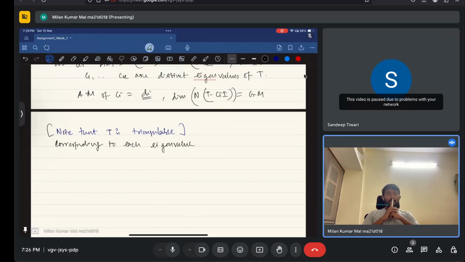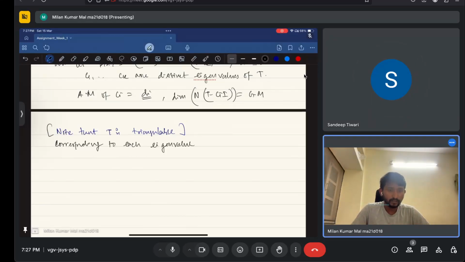The way this triangulable result is proved, it gives invariant subspaces of every dimension from 1 to n. That's a very interesting observation. If it is triangulable, then it has an invariant subspace of every dimension.